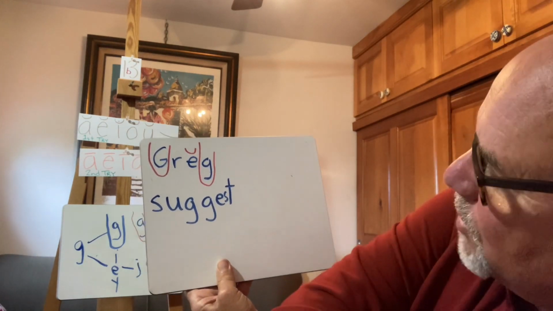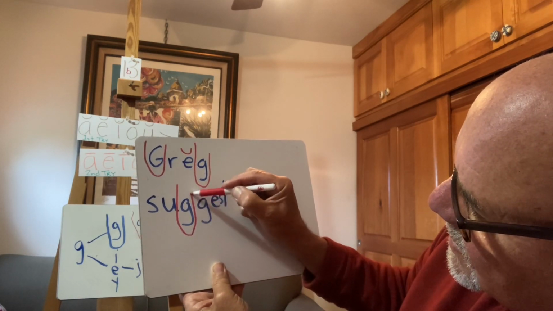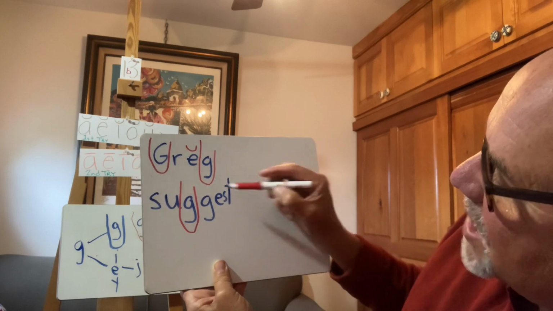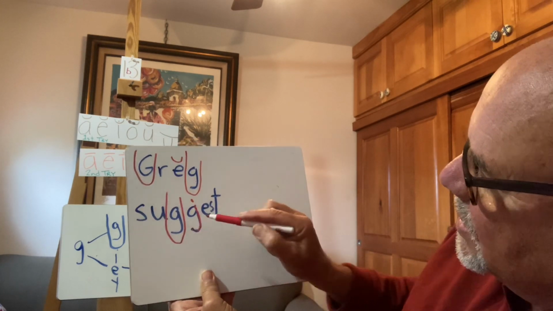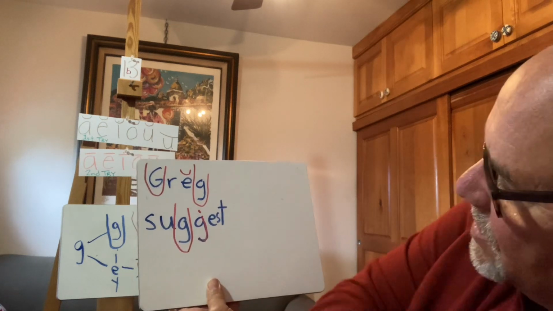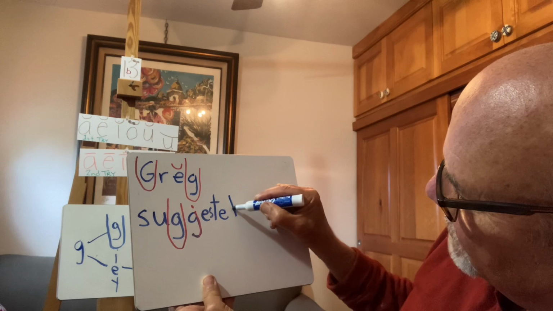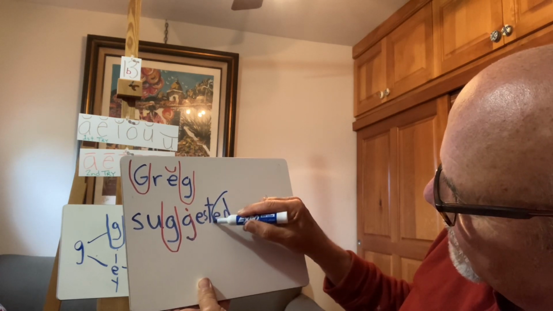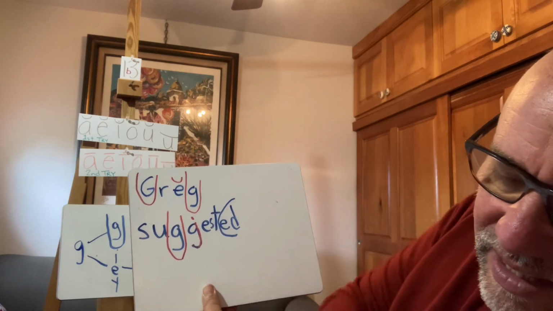Suggest. Now let's mark it. Sug, uses its own sound. Jest, oh, it steals the J. Suggest. And let's add a suffix. Suggested. So add your -ed suffix and take it off. Suggested.